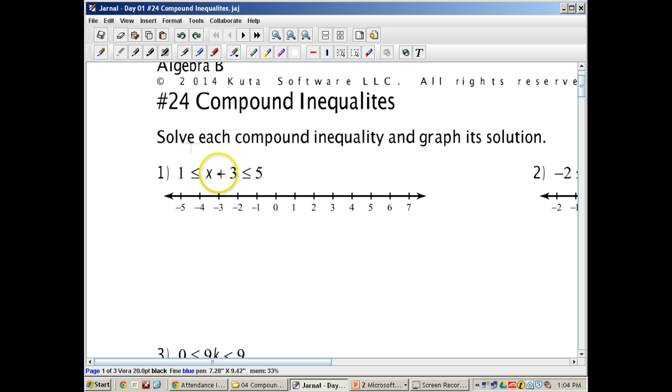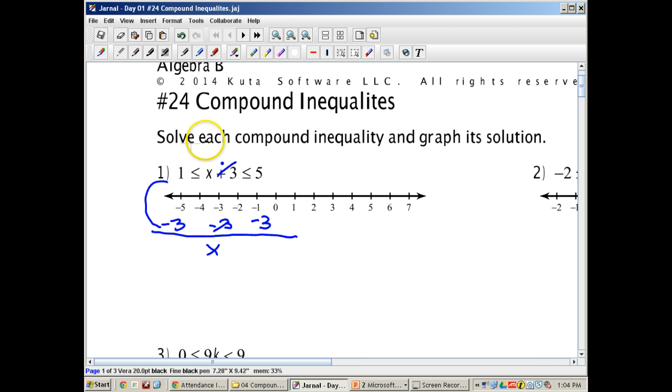So to start this, I'm just going to write the work below since the number line's in the way, but same idea. So it's x plus 3, subtract 3 from all parts. Left side, middle, right side. Positive 3 minus 3 is 0.